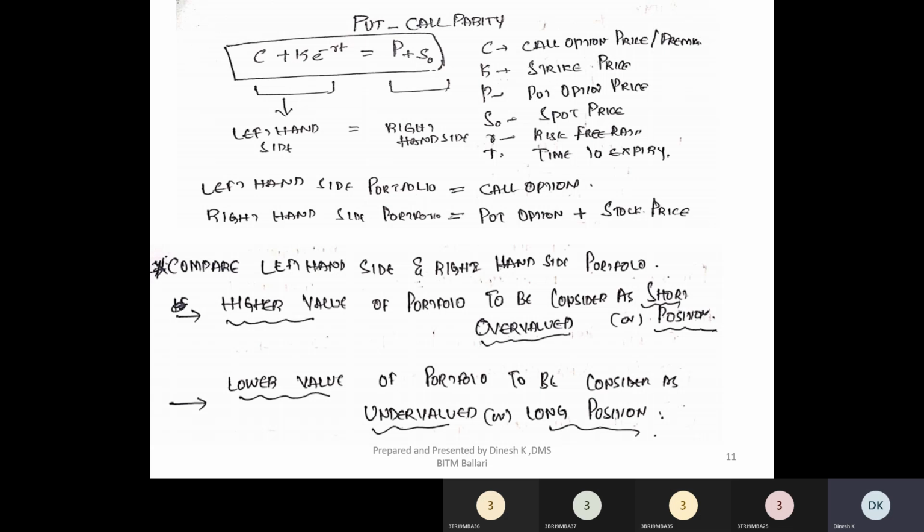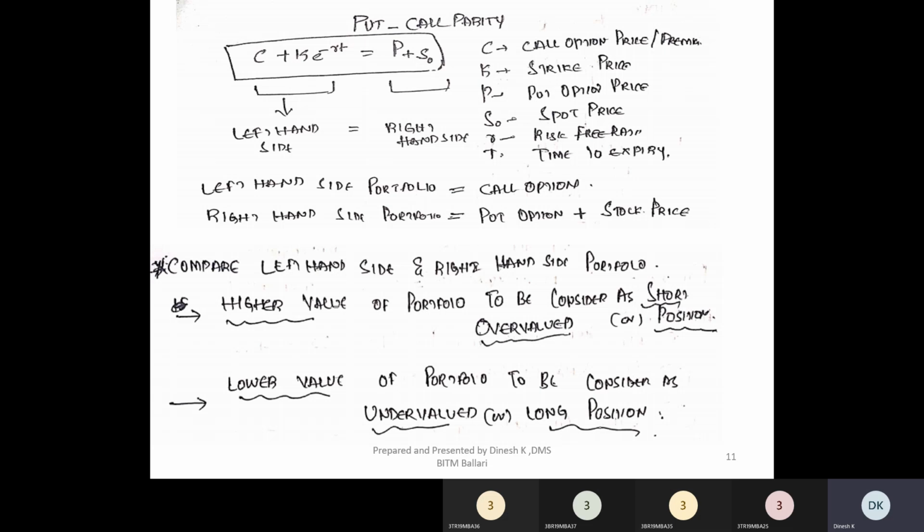So how much is the premium that is required to pay? How much is the cash that you have been receiving? From the short position on put option and short sale on equity, from there you deduct your premium to be paid for the call option and the rest of the money you will be investing into the bank, right? So this is how the arbitrage process will be taken up.